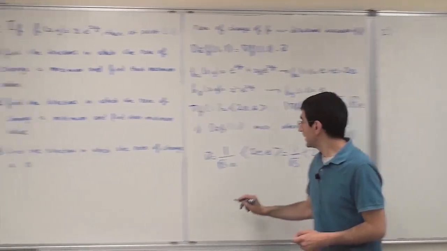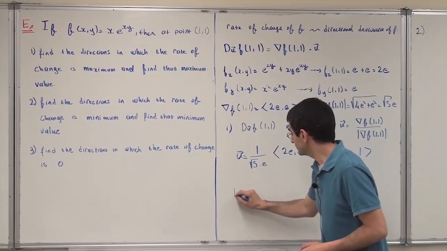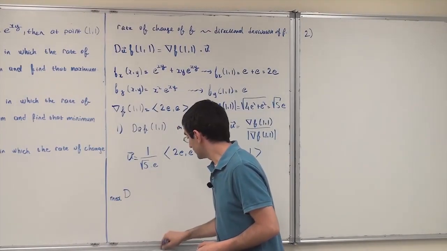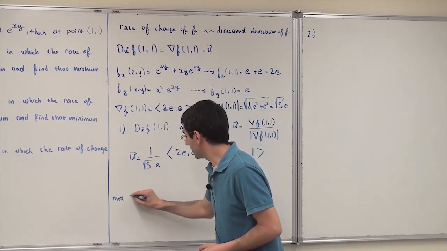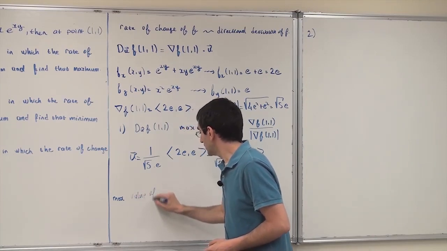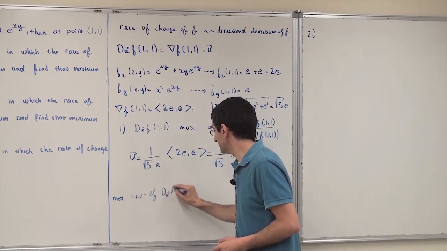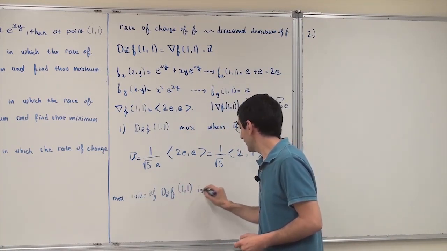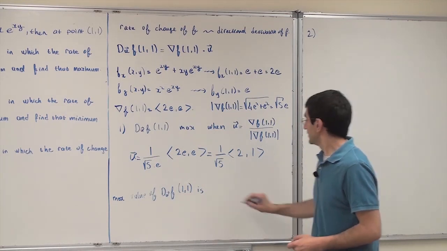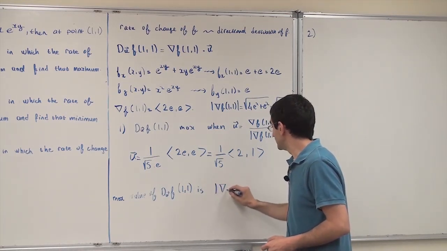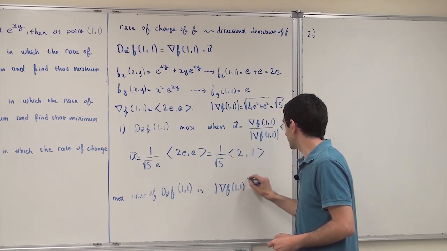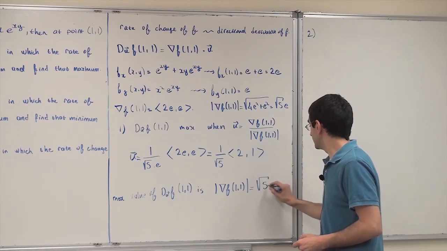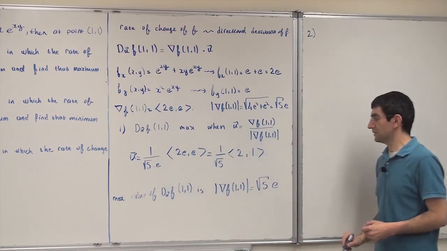So the maximum value of this directional derivative is the magnitude of the gradient vector, which we have just found to be root 5 times e.